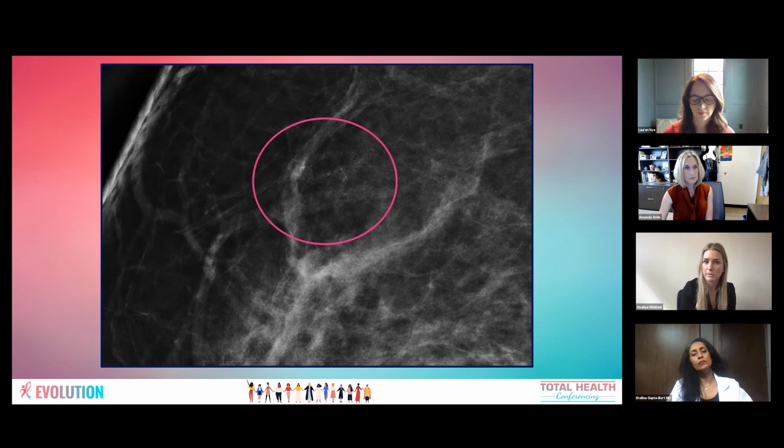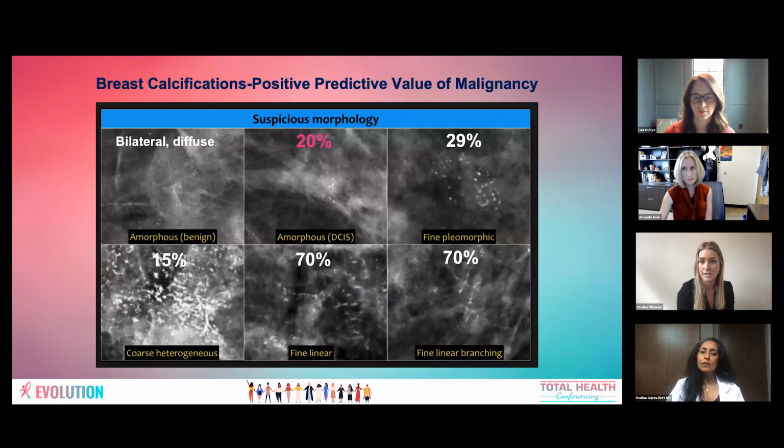And in breast imaging, we would describe these calcifications as amorphous in their morphology. And that simply means that they don't have a distinct shape. The morphology and distribution of calcifications really is important for understanding the risk and likelihood of malignancy. For our particular patient that had an amorphous group of calcifications, the positive predictive value of malignancy is about 20%.